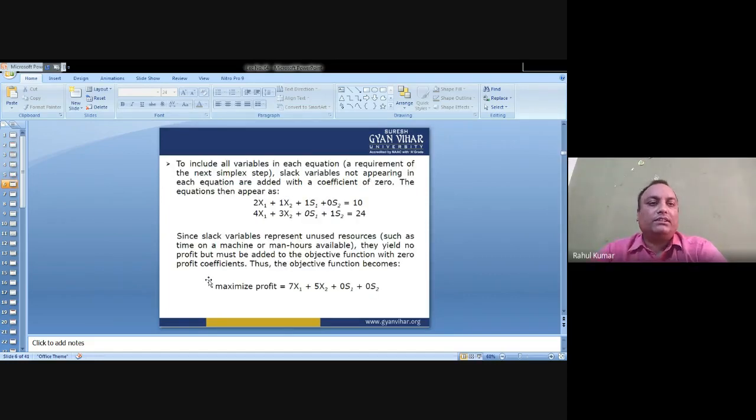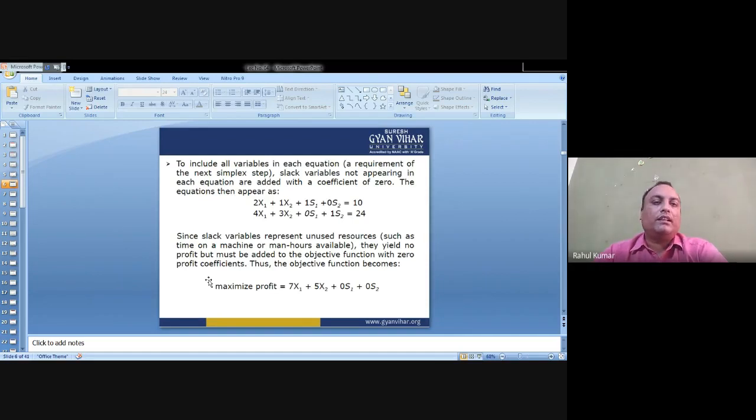To include all variables in each equation is a requirement of the next simplex step, right? So we can rewrite the equation in this form.